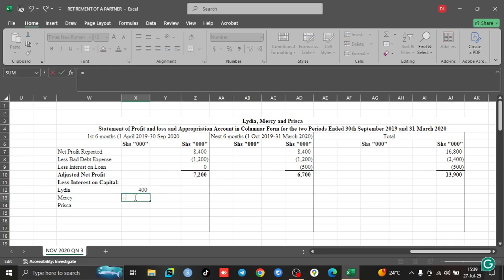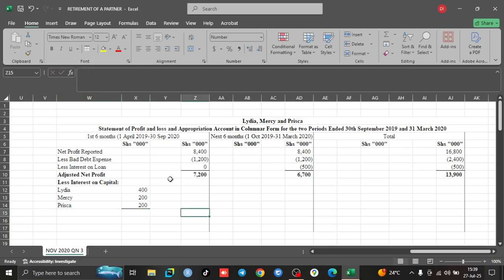This one will be 4,000 because her capital was 4, times a half of the year times 10% as well. Similar amount for Priska, 4,000 of her initial capital times a half times 10%, 200.